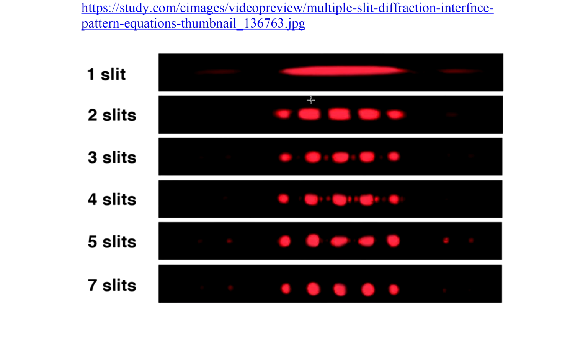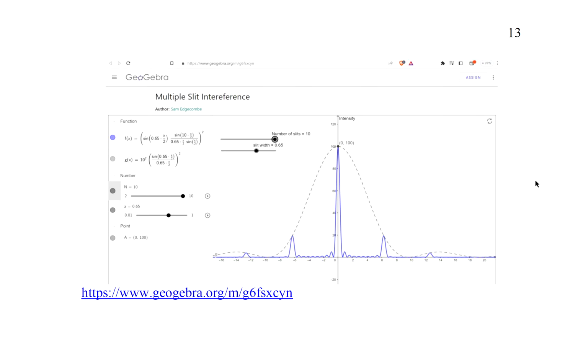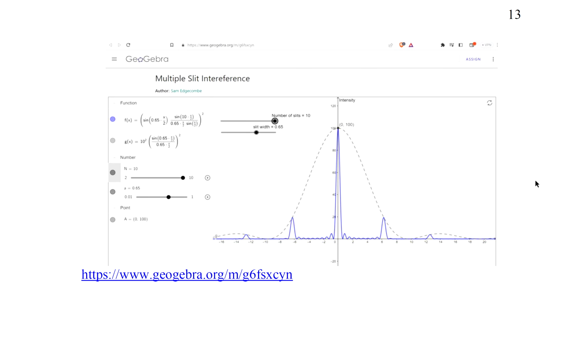So this is what multiple slit diffraction patterns look like. You could see with 3 slits and 4 slits, we could see the secondary maxima. So this is from this website, geogebra.org. Great website.